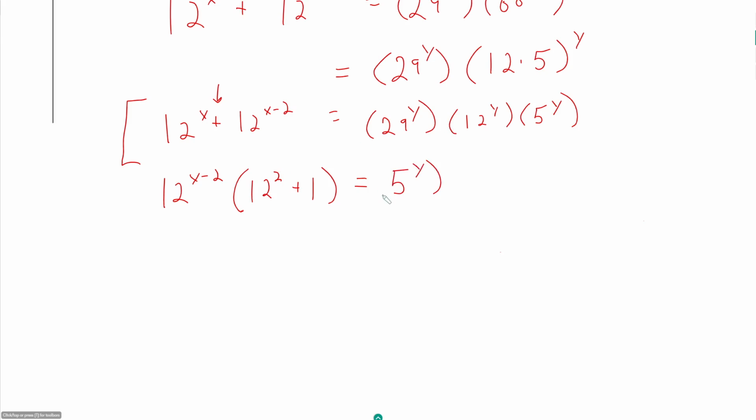I think that's one of the reasons factoring is so valuable, because if you can convert an addition problem into a multiplication problem, then you can often use your divisibility rules to help combine things or cancel things out, which is a very useful skill to have. So if I was to simplify this left side, 12 squared plus 1, that is just 145. Because 12 squared is 144.